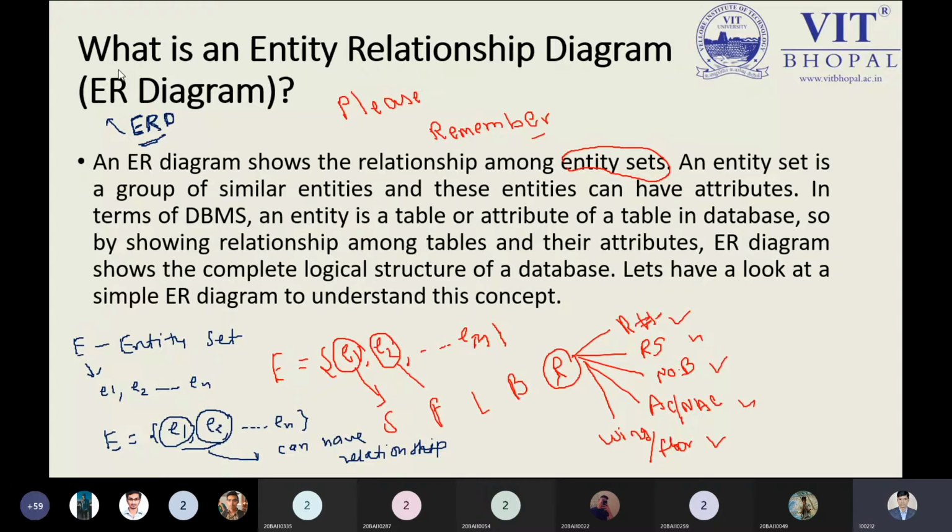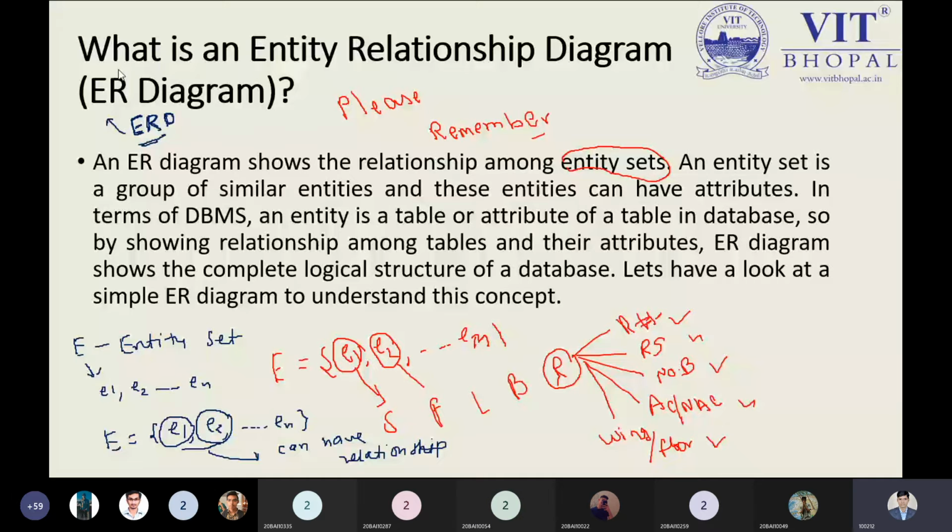Similar entities means there should be a relationship between the two different entities. If you are making, suppose, student and faculty, then student and faculty should become part of an industry. And what is the relationship between faculty and product? That is the meaning only.